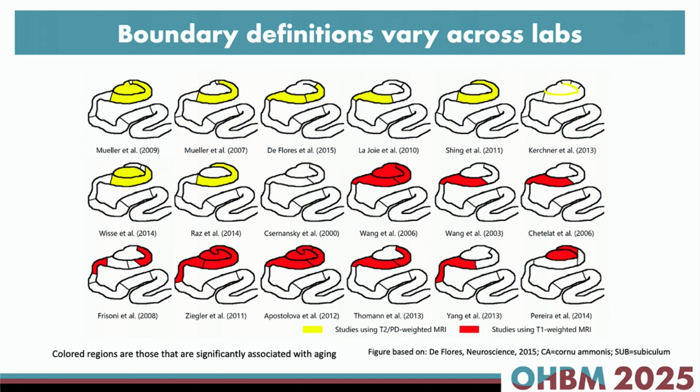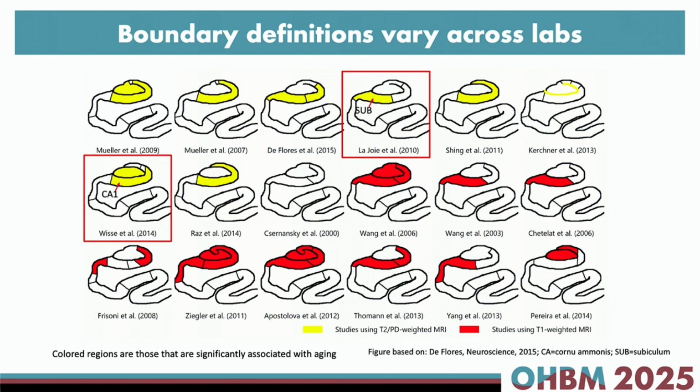This figure nicely demonstrates the variability across the field, where across all of these different studies, all of these studies found regions that were changing as a function of age. For example, the only difference between the yellow and red regions is the method, the type of MRI they used. But you can see there's not a whole lot of consistency across these labs in terms of which regions were found to be changing with age.